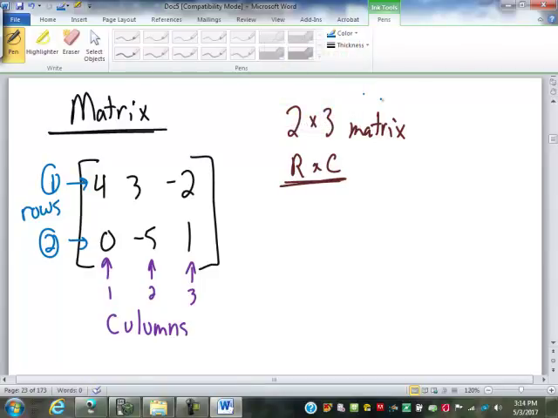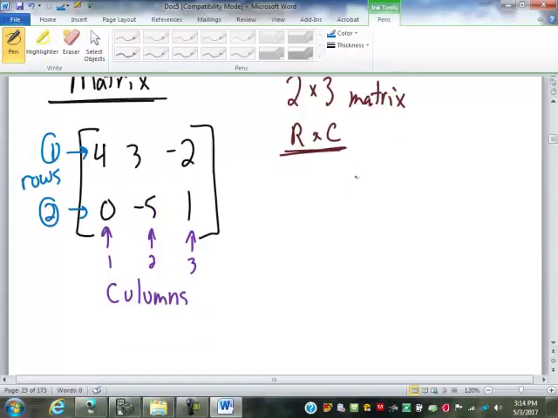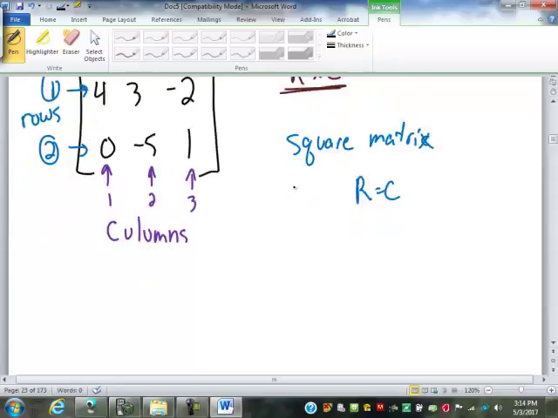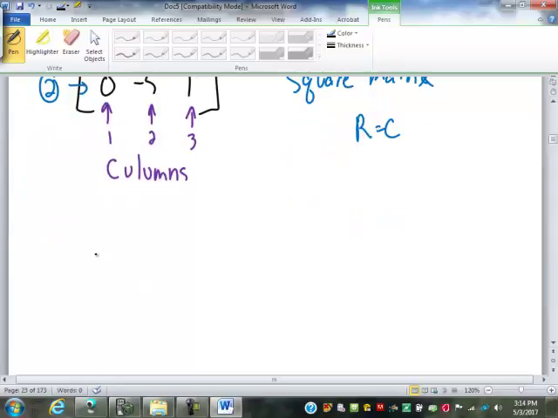A square matrix has the same number of rows as it does columns. So the rows equal the columns. And in a square matrix, there's something special we can do. So a square matrix might look like this. 3, 7, negative 1, 4.